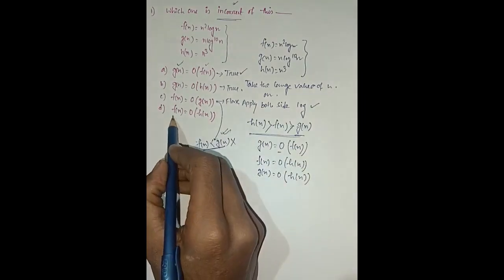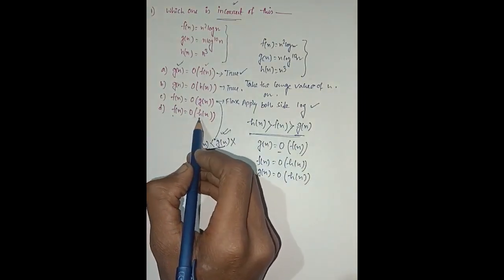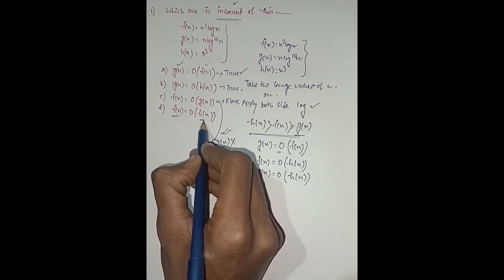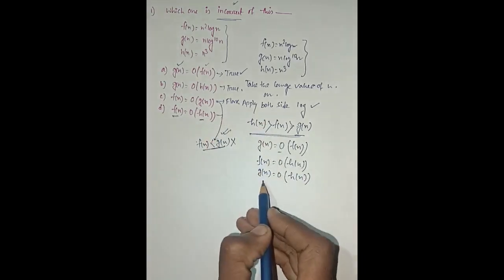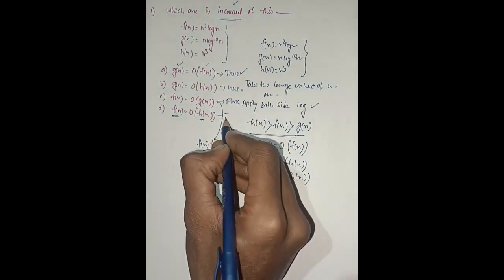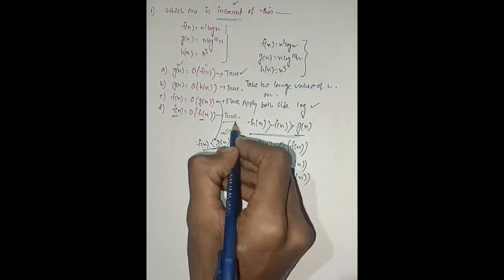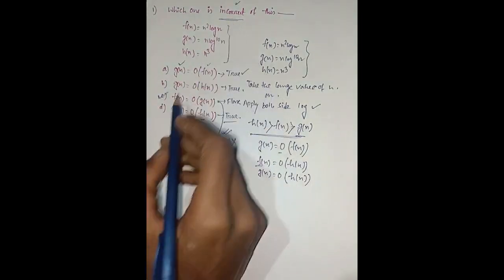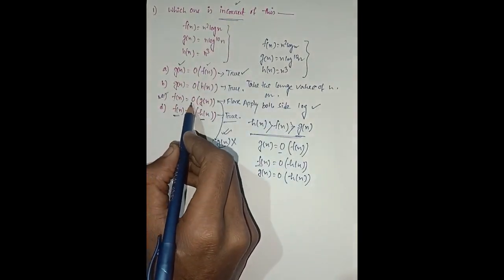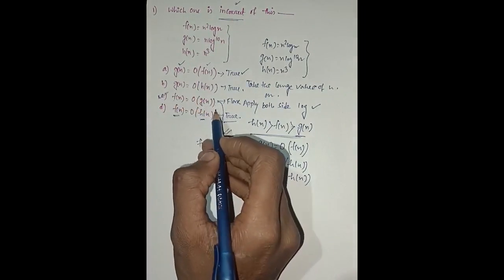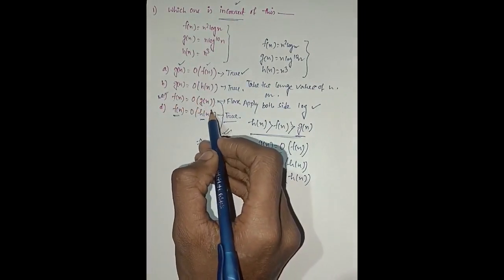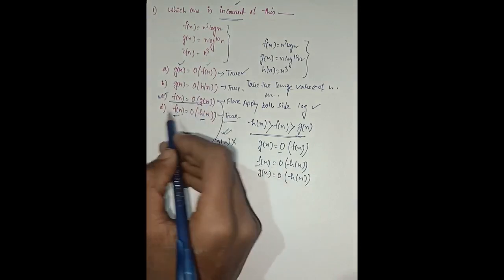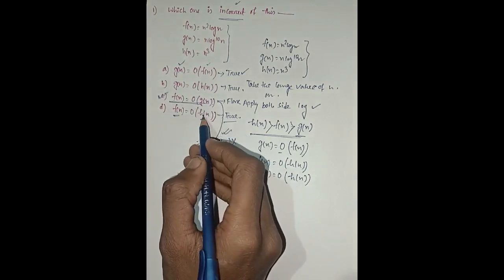Option D, f of n is equal to big O of h of n, is also true, since f of n is small and h of n is large. So we choose the incorrect one, f of n is equal to big O of g of n, which is impossible. So this option is false, and we mark it as the correct answer.